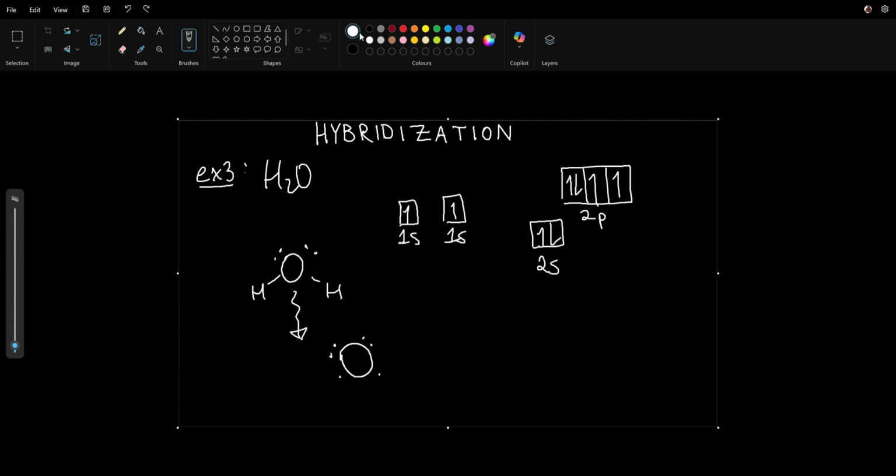So if we say, okay, we need 4 regions, let's think. We have an s orbital and a p orbital. 1 of these and 3 of these, how many would that make? 4. Oh my gosh, let's do that. So let's combine these, hybridize them, and instead of making 2s and 2p, let's make sp3.